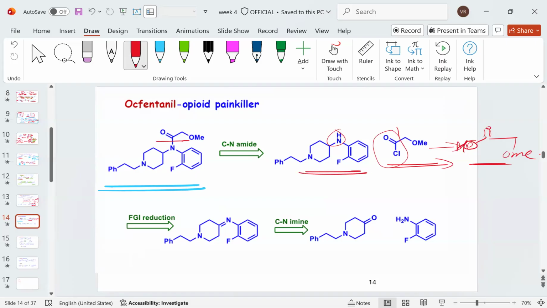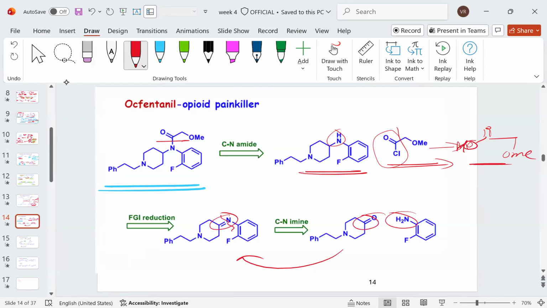Now this intermediate can further break down to imines, like this imine, and further on this imine, we can do the disconnection here from the ketone and the amine. So this is basically the imine formation.